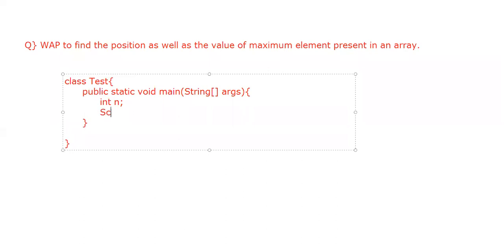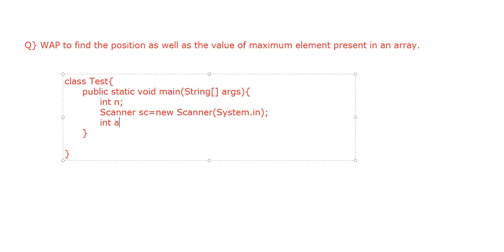Then we have to make an object of the scanner class. So Scanner sc is equal to new Scanner(System.in). Now we have to declare an array. So it will be int a is equal to new int n, right?